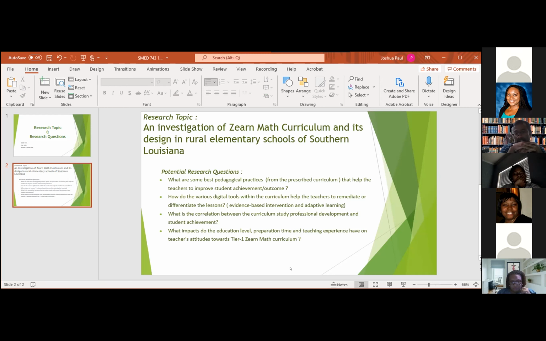But if you look at the first question, the pedagogical practices mentioned within the Zern math curriculum, for example, the 50-50 model, the small group lesson, or the independent digital lessons. The design of the curriculum is that the teachers have to teach a small group lesson for 30 minutes and then for 30 minutes the students do the independent digital lessons.